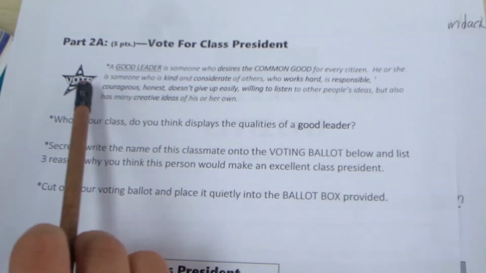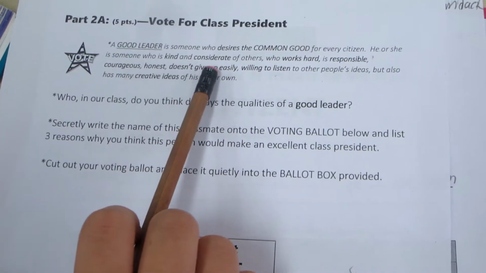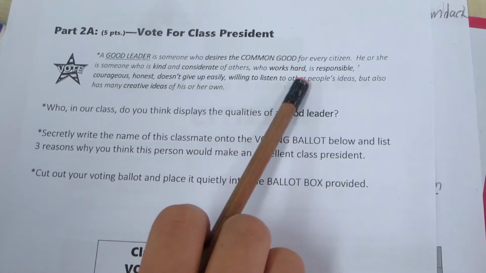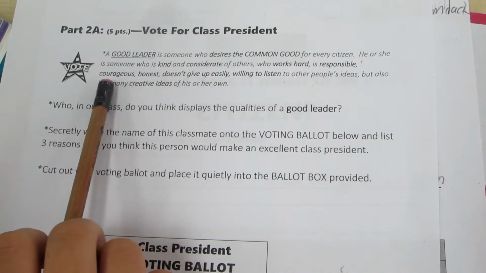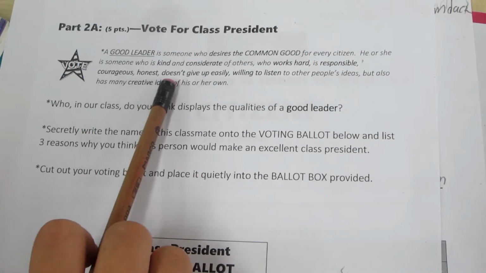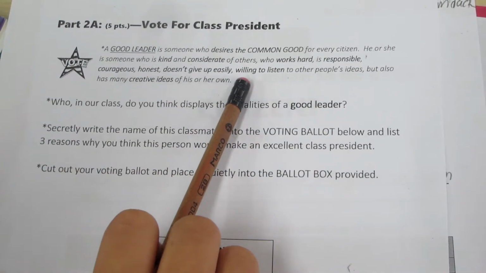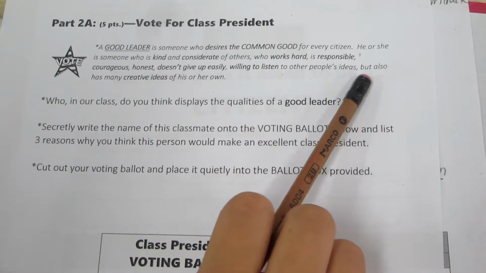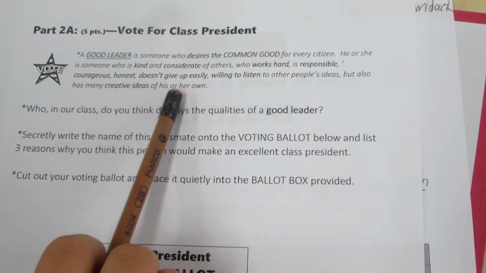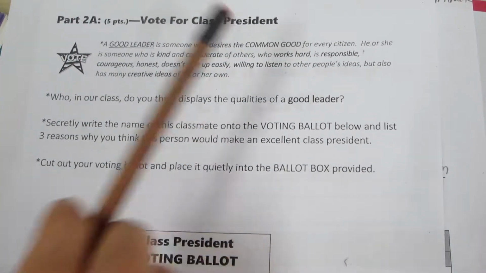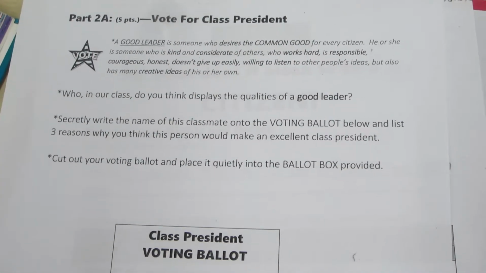He or she is someone who is kind and considerate of others, who works hard, is responsible, courageous, honest, doesn't give up easily, willing to listen to other people's ideas, but also has many creative ideas of his or her own. So those are all qualities of a good leader.